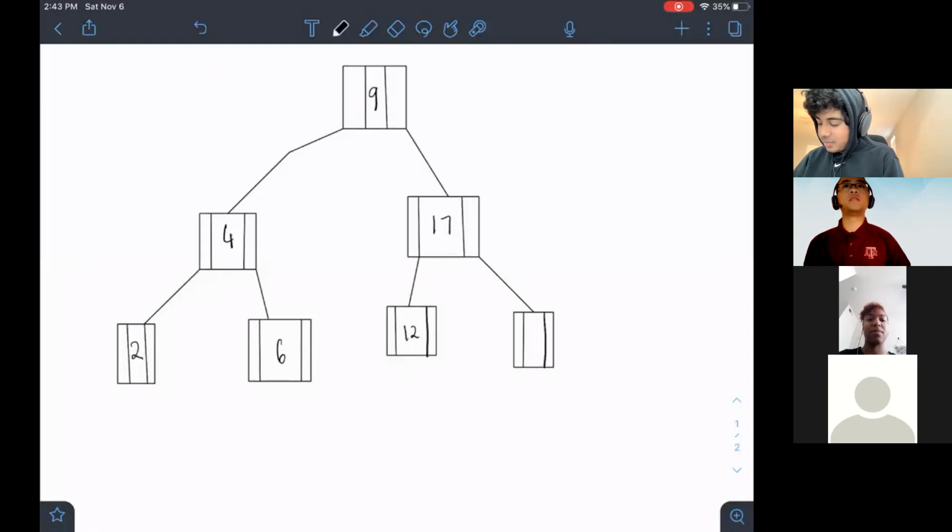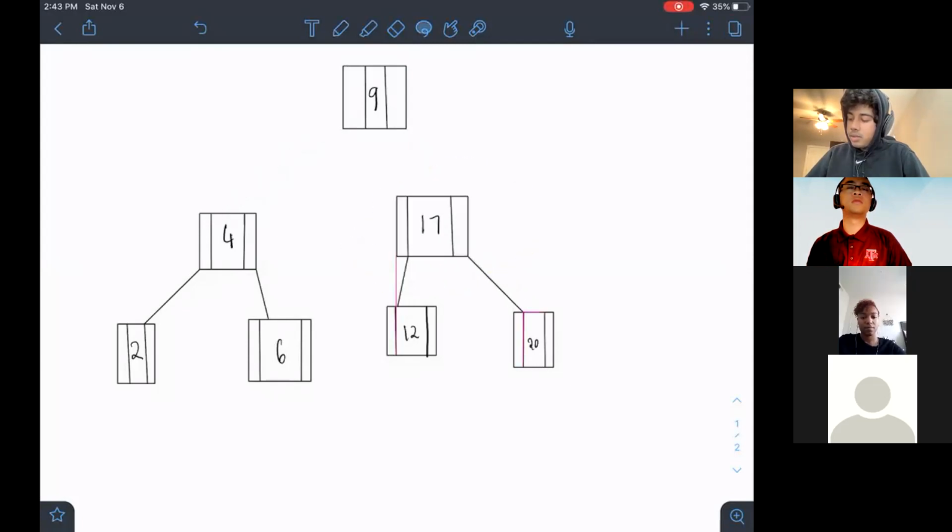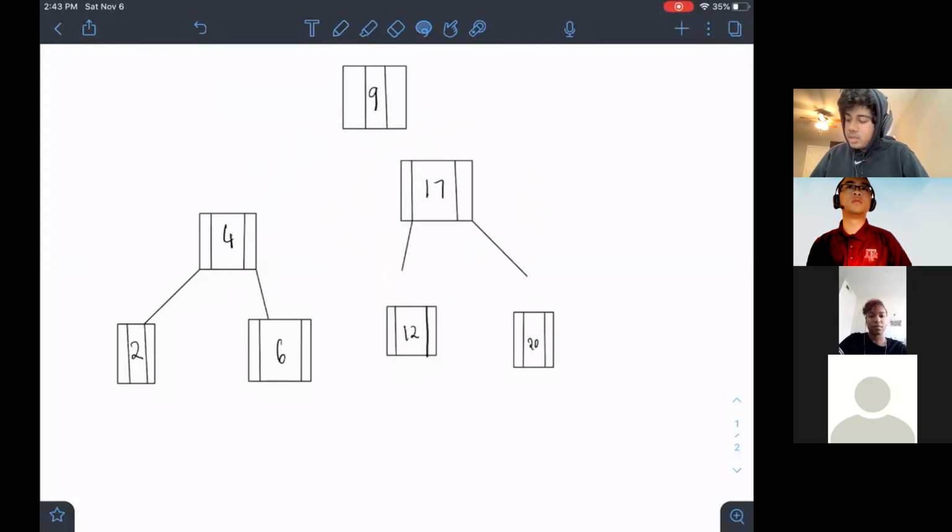Looking at this, I think 4 and 17 should be the same node. And then 6 and 12 would just be together, I guess. Yeah, that'll work. I can do that, but I'm a little confused. Let me disconnect.